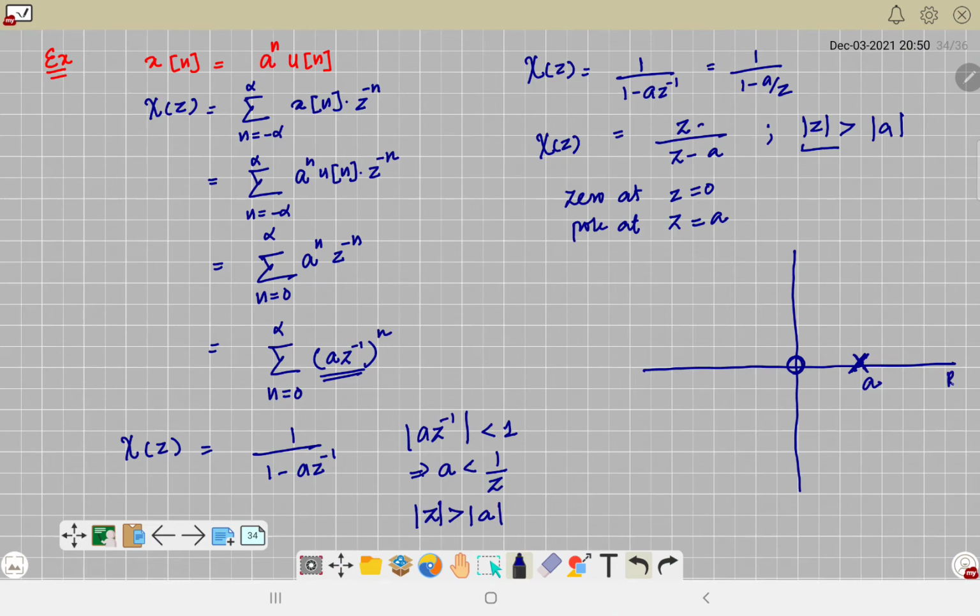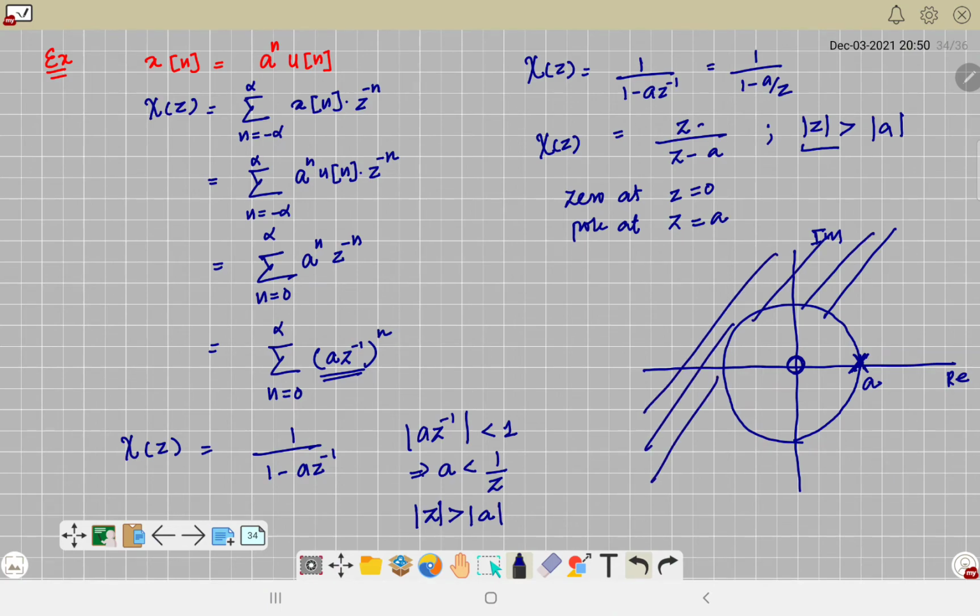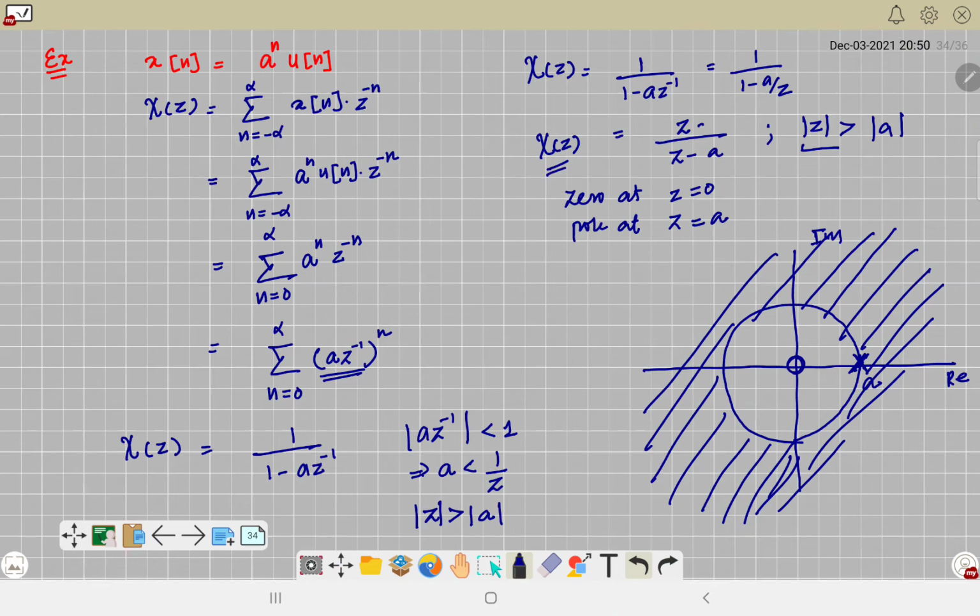So this is my real axis, this is imaginary. If I draw a circle through this, the outside portion of this circle will be the region of convergence for this sequence, meaning outside this circle the value of this transform will be finite.